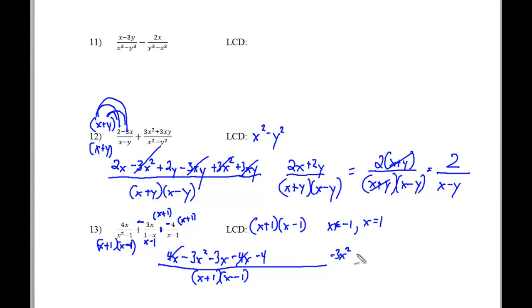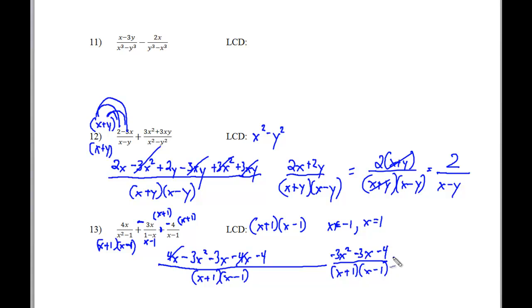And I have negative 3x here, and then I'm going to take the negative 4 with that as well. So it looks like my entire numerator is opposite there. And then let's go with x plus 1, x minus 1.